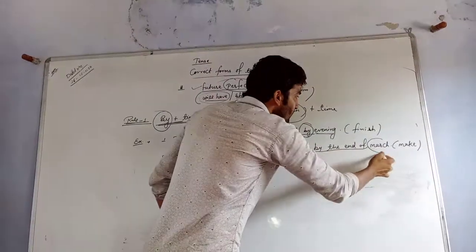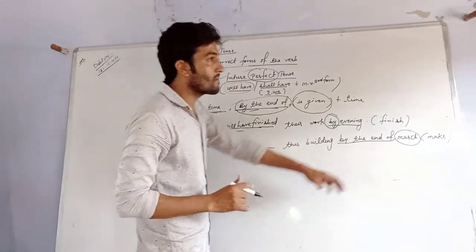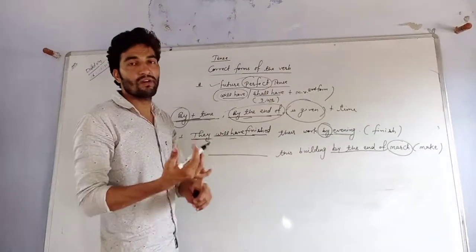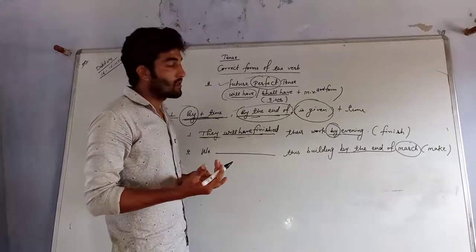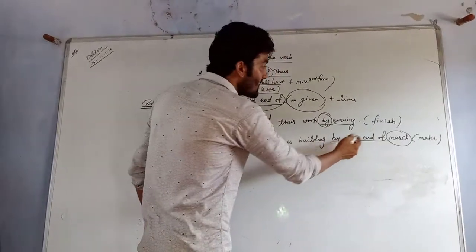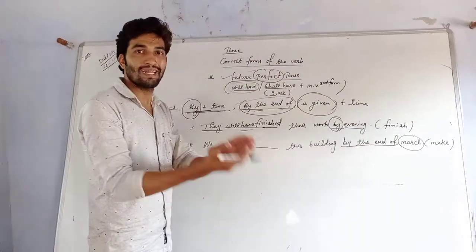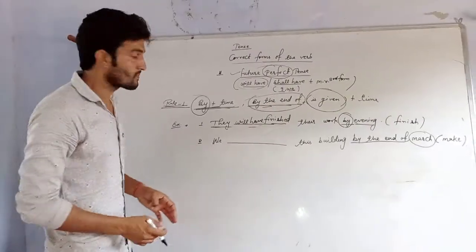Time is given here, March. January, February, March, April, May, this is the time. So by the end of plus time tells us that future perfect tense will be used.